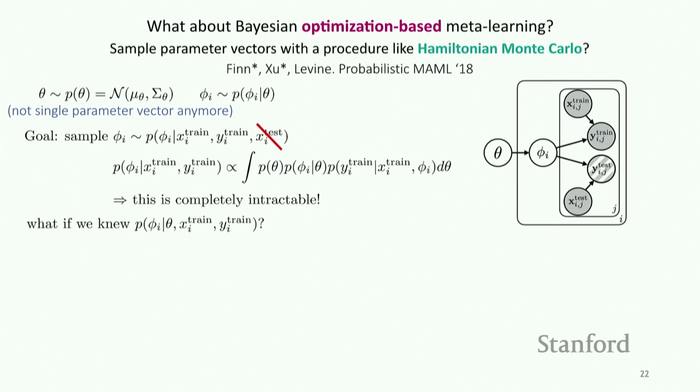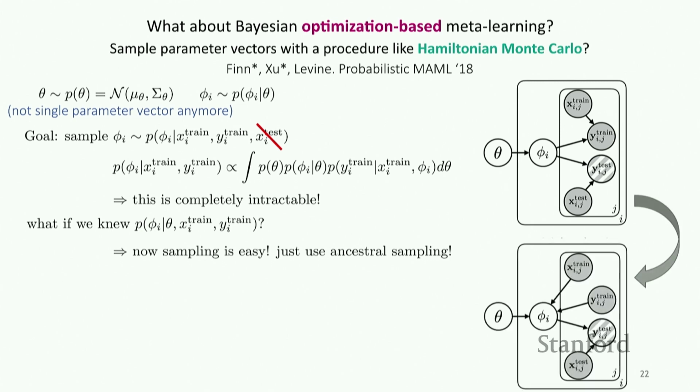One thing worth noting is that if we knew how to sample phi given theta, xtrain, and ytrain, then sampling becomes a lot easier. If we knew this distribution, then we can just use ancestral sampling, where we first sample a theta, and then we sample from this distribution to sample phi. In particular, the graphical model would look like this, where we first sample theta, and then sample a phi given those three variables. So if we knew that distribution, things would be easy. How do we get that distribution?